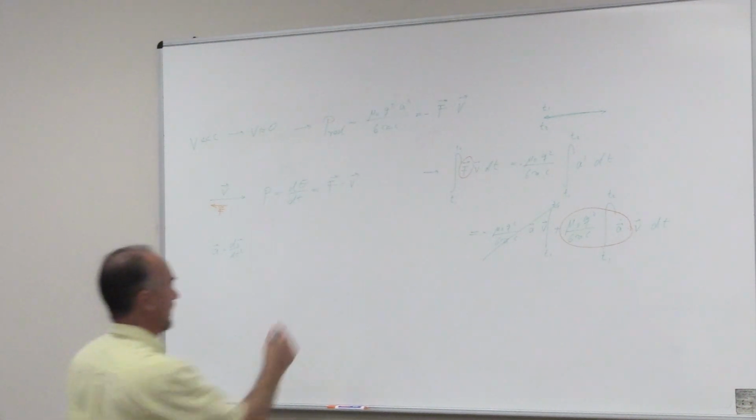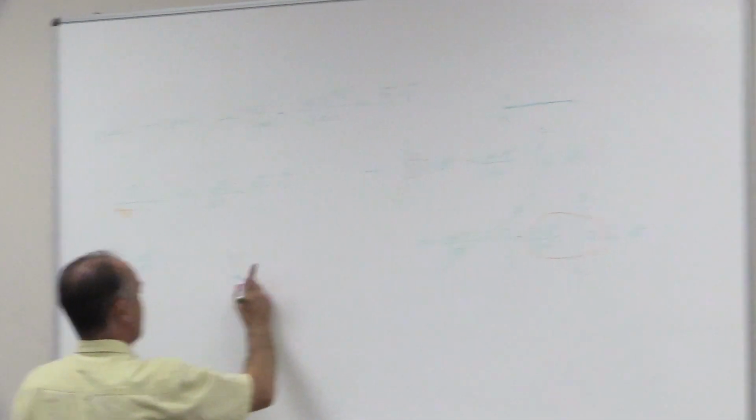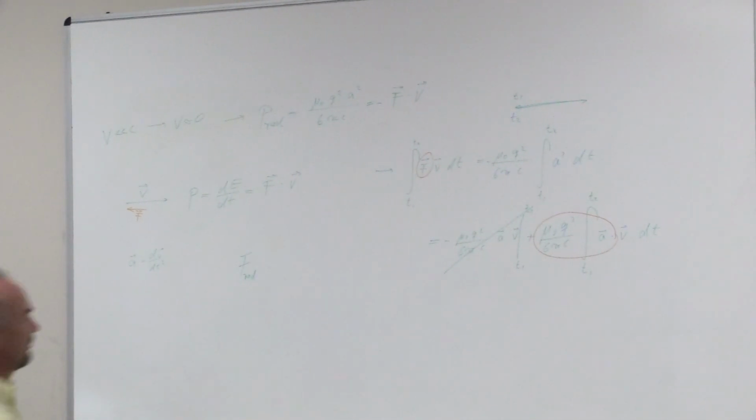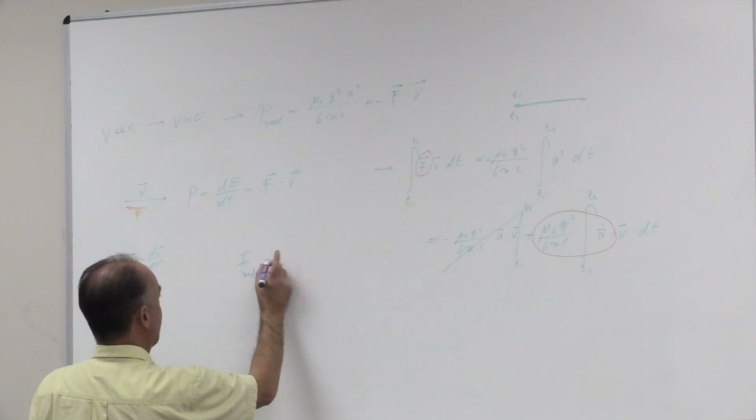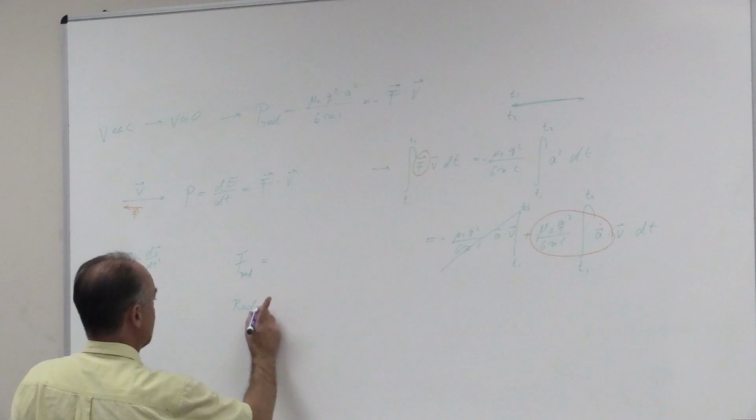So this, of course, only if this is really a cyclical motion, then this actually drops off. And then we can associate this, we sometimes call it radiation drag, or radiation reaction. So this thing is called radiation reaction.